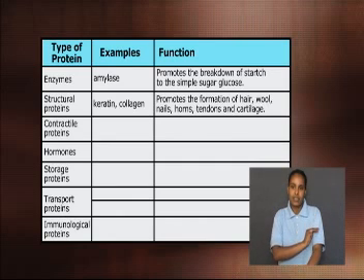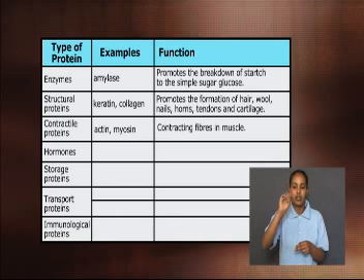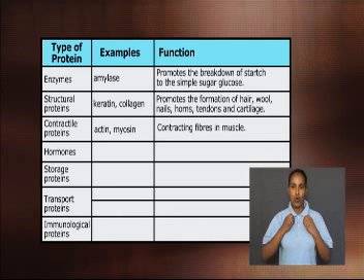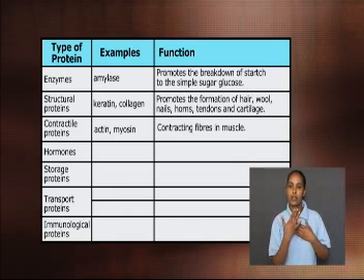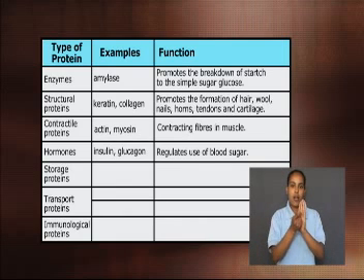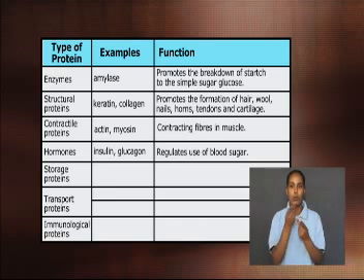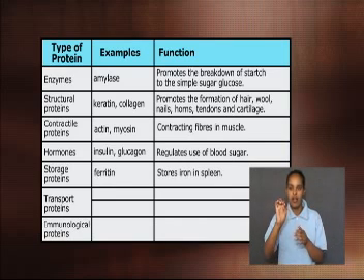Two contractile proteins are called actin and myosin. Hormones regulate the use of blood sugar. Insulin and glucagon are both examples of hormones. Storage proteins like ferritin store iron in the organ called the spleen.